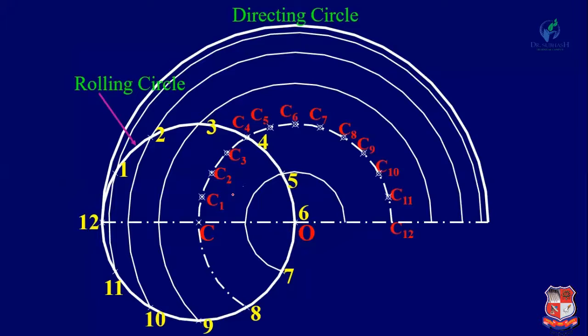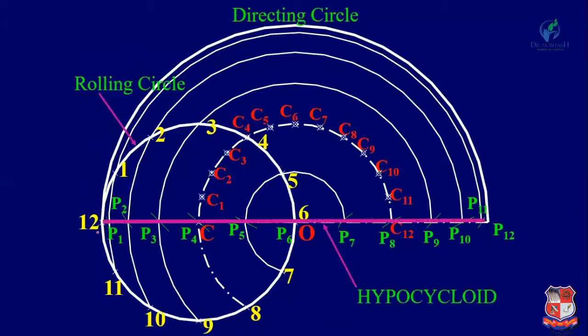With the centers C1, C2, C3, C4 up to C12 and radius equal to the rolling circle, draw different arcs. You will get the different points P1, P2, P3, P4, P5, P6, P7, P8, P9, P10, P11 and P12. Now join all these points and you will get a straight line. So here the hypocycloid is a straight line.